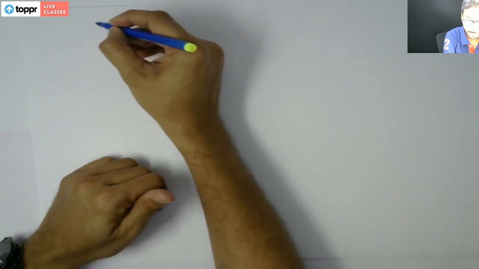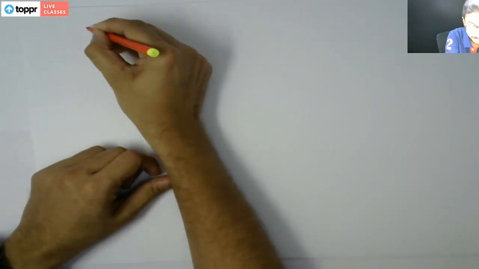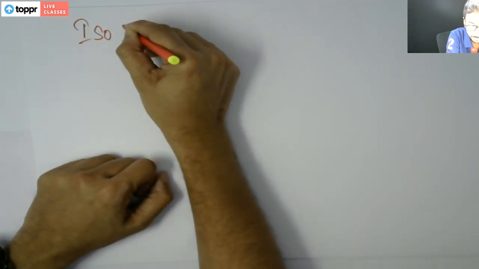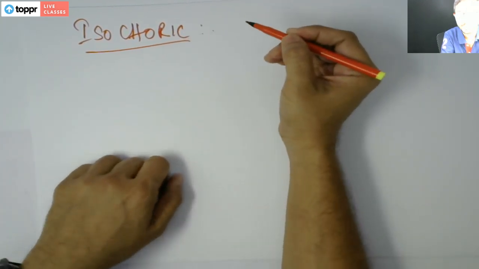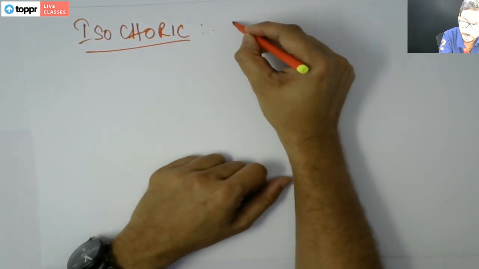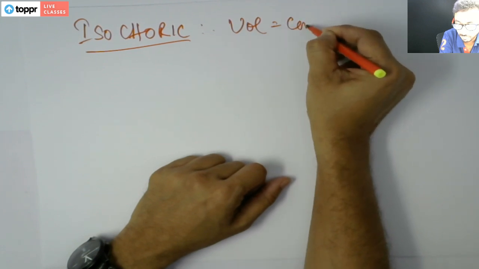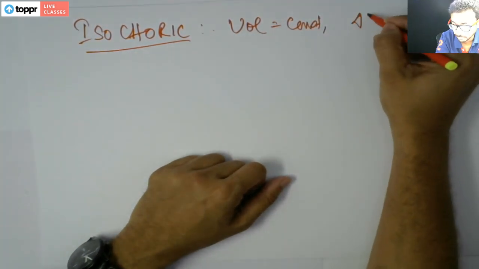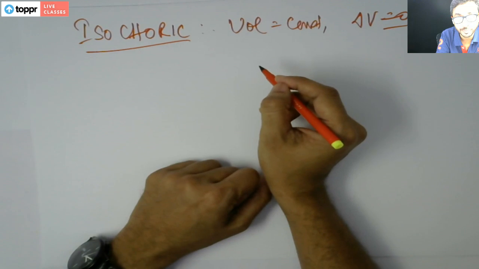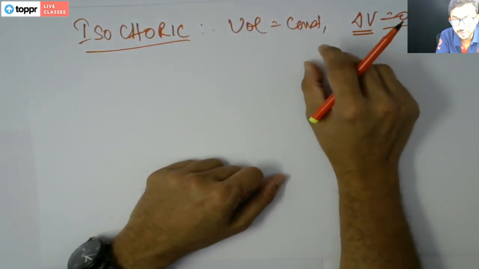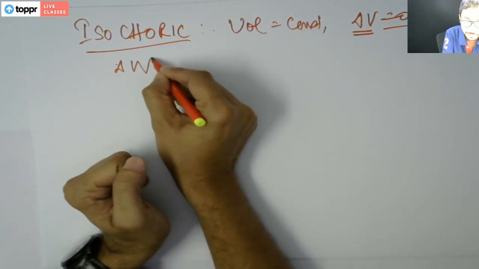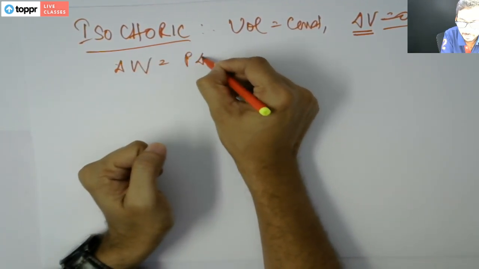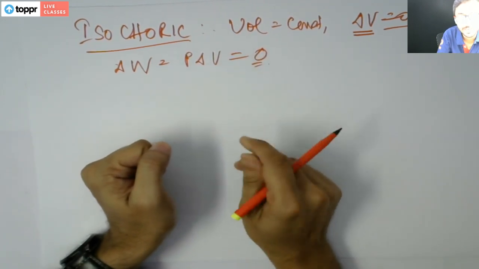See, for the isochoric process, the volume remains constant, means del V equals 0. If the change of volume itself is 0, what will be the work done? Work done is nothing but P del V. It must be 0.